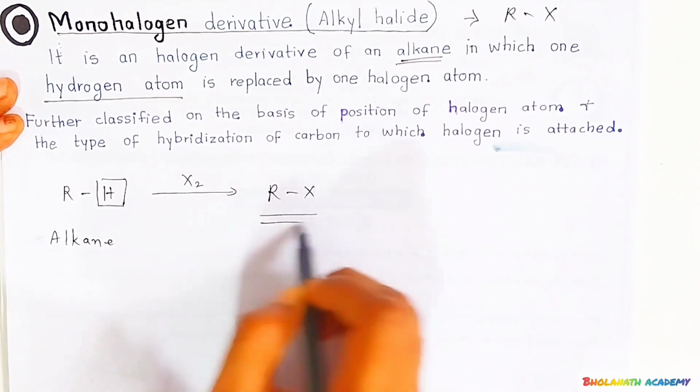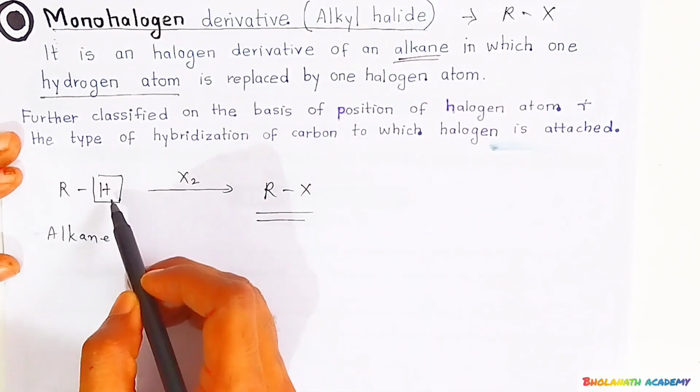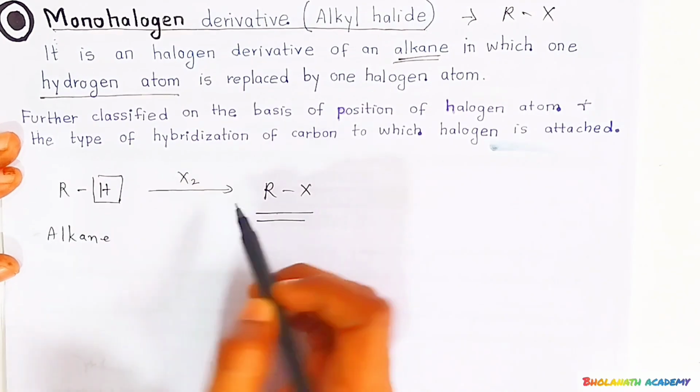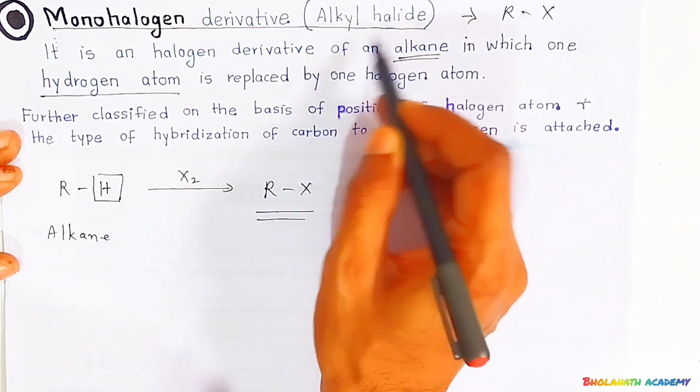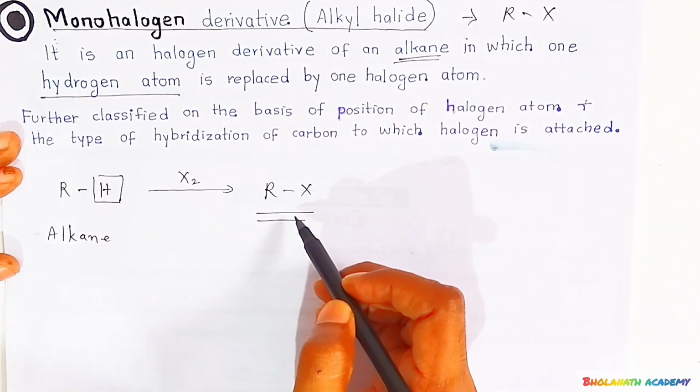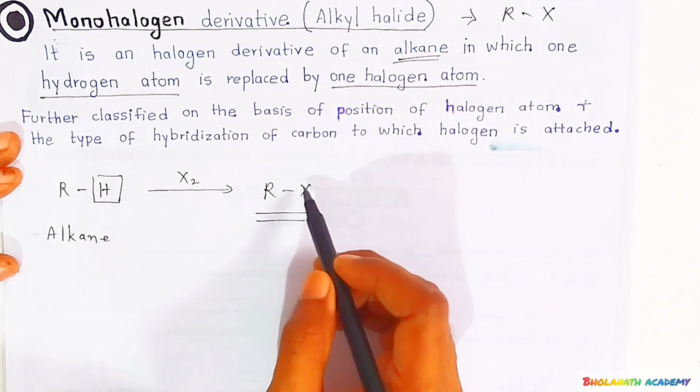When one of the hydrogens of the alkane is replaced by a halogen atom, the compound obtained is called a monohalogen derivative, or we can also say alkyl halide. Understanding, students?